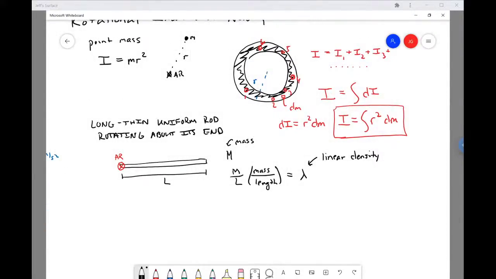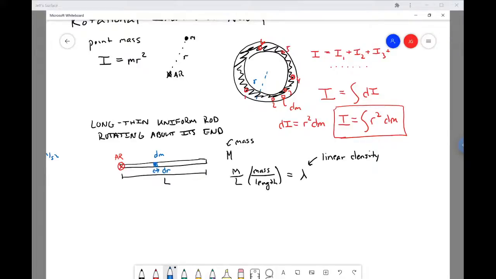Each of these little teeny chunks of this long uniform rod has a little mass called dm, and it also has a tiny length. I used L here, but I'm going to use r, and you'll see why.